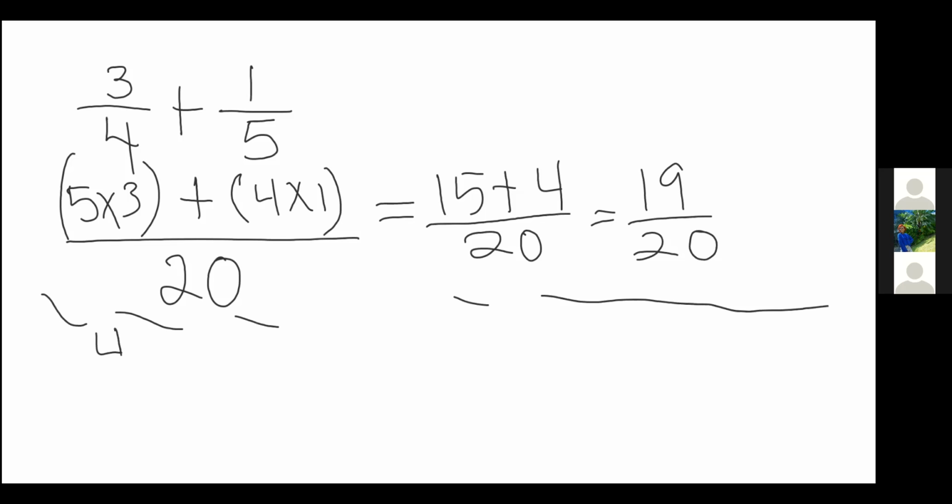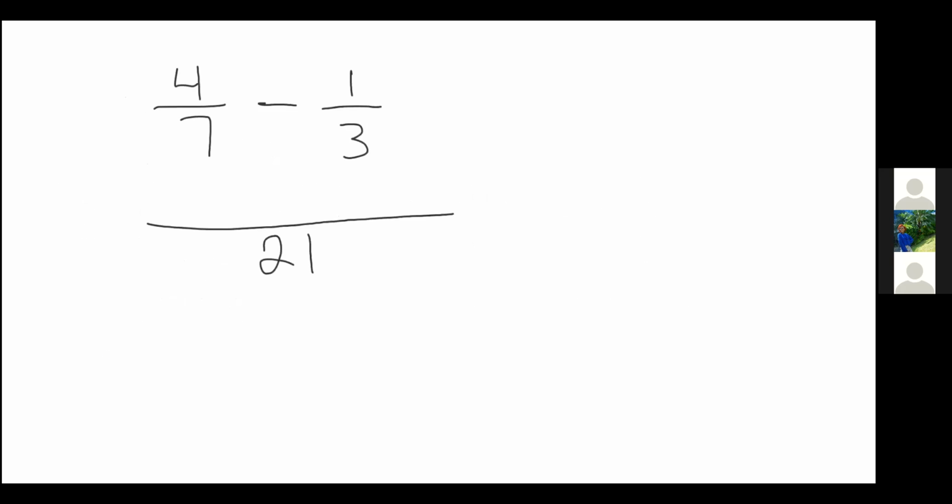Let's say 4 over 7. Now we're going to do subtract. 1 over 3. Find the LCM, so that's 7 by 3, which is 21. How many times can 7 go into 21?